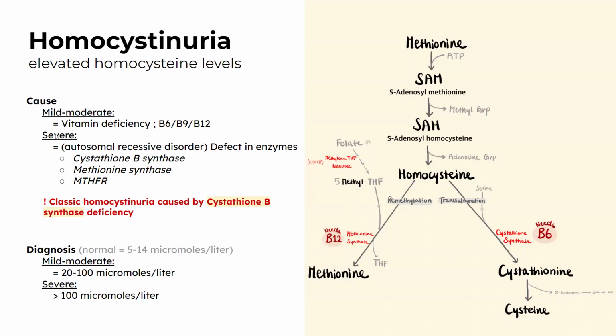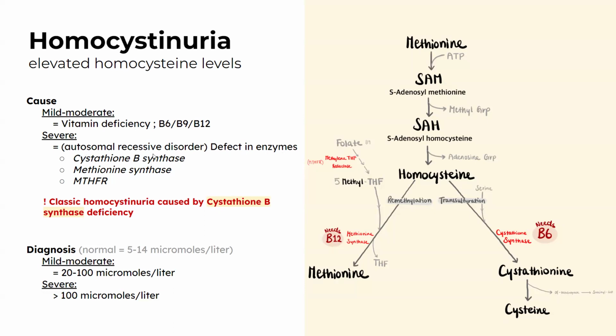Right? What if it's a severe homocystinuria, like a very high level of homocysteine? Then this is probably a defect in the enzymes, not the cofactors. And that would be caused by some disorder that's genetic. So it's normally autosomal recessive. So you have to receive a gene from your dad and from your mom. So it's from both sides. Okay, so what are the enzymes that could be defective?